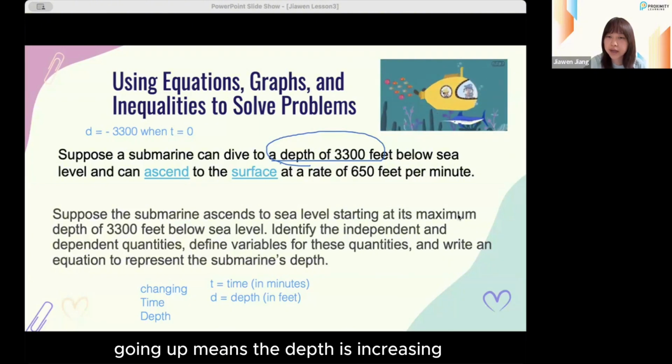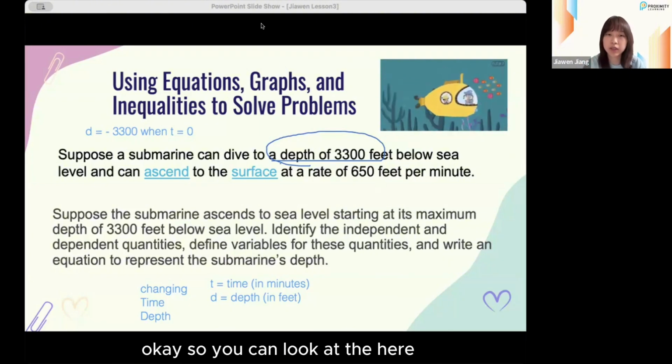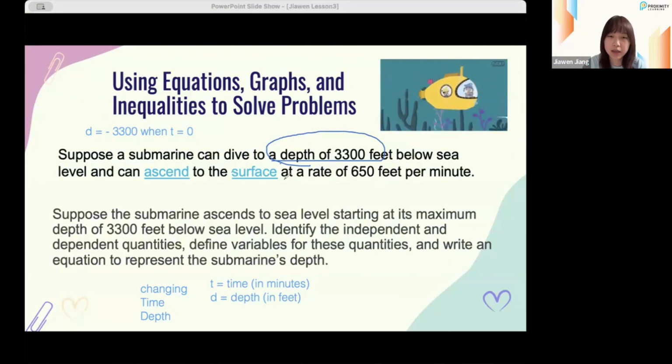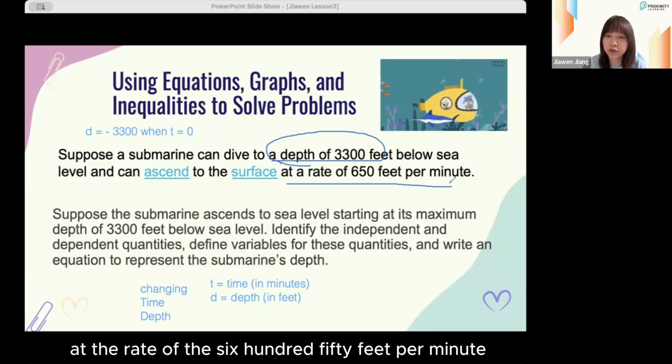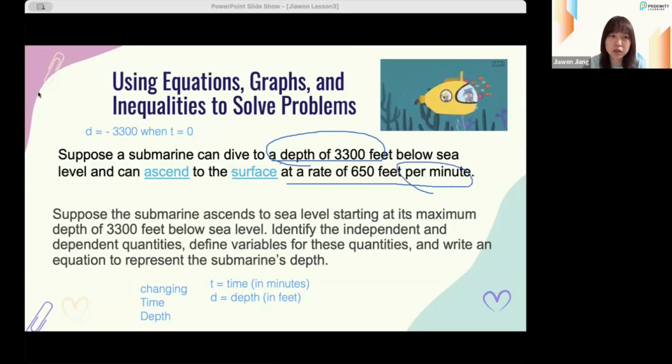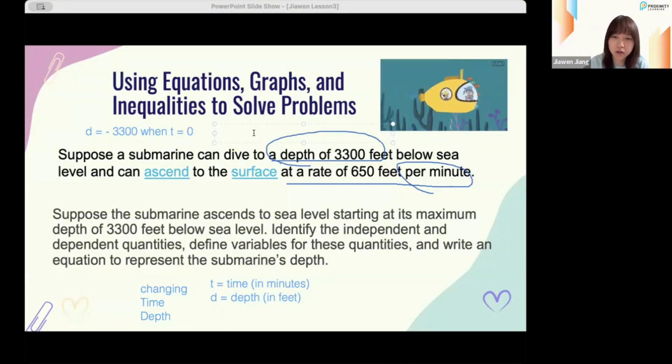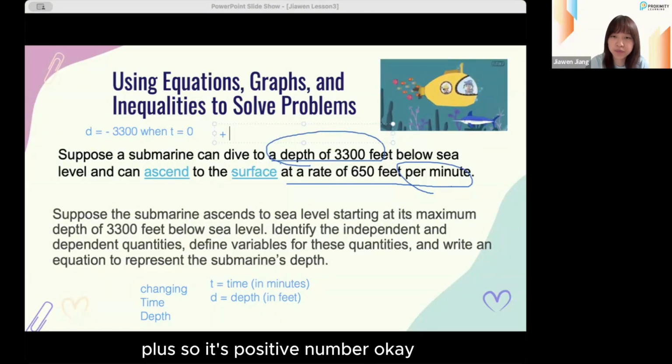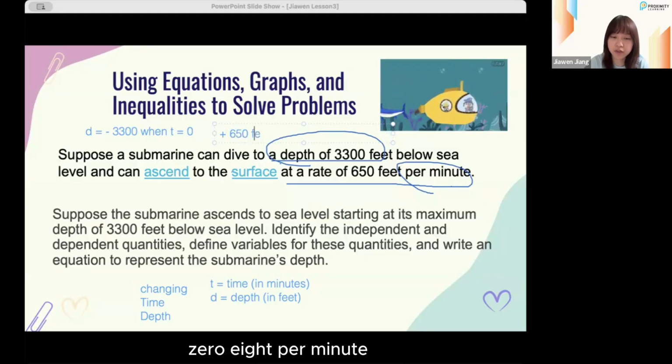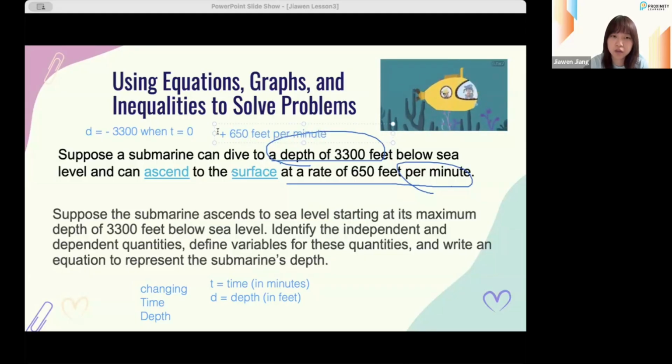Going up means the depth is increasing. Look at the rate of 650 feet per minute. So our rate of change equals plus 650 feet per minute, a positive number.